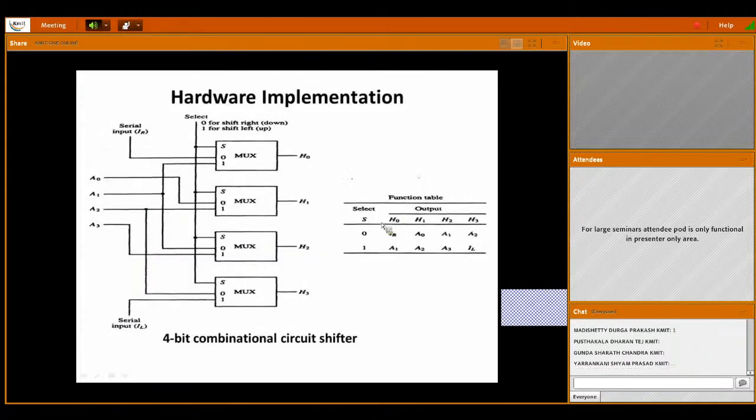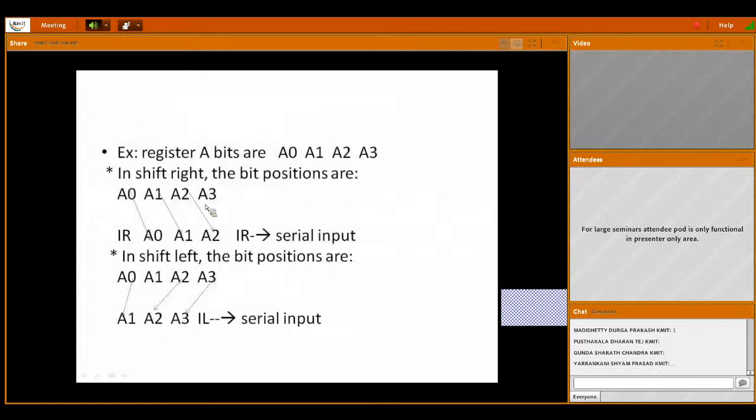See here. S equal to 0 means you are going to perform a right shift operation. When you perform a right shift operation, what are the shifted bits? The shifted bits are IR, the serial input, A0, A1 and A2. Right? IR, A0, A1 and A2. These are the shifted bits.